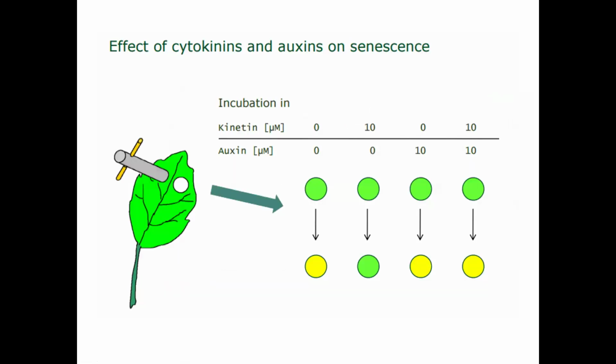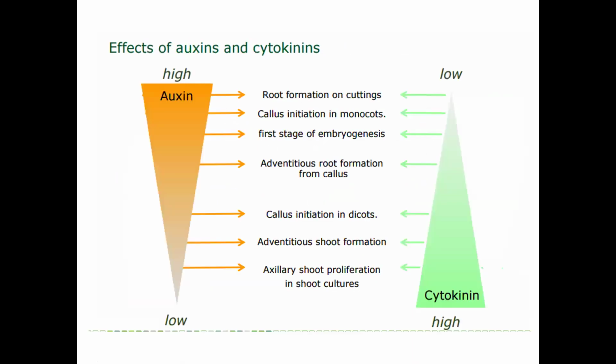So now the effect of cytokinin and auxin on senescence. Senescence means aging. The plant leaves can senesce, that is, chlorophyll is lost and the leaf's green color is damaged, depending on the auxin and kinetin ratio you use in the media. Here is the effect of auxin and cytokinin.